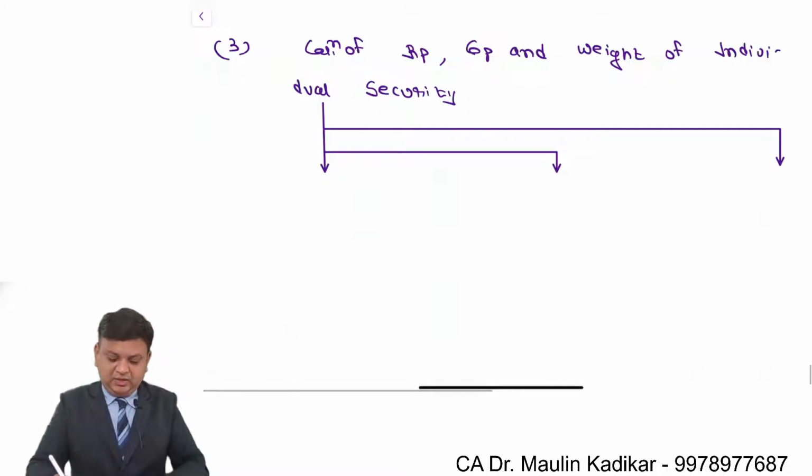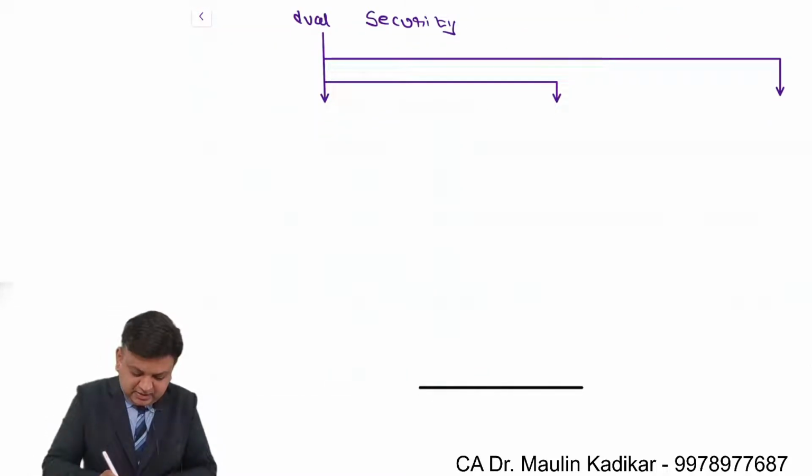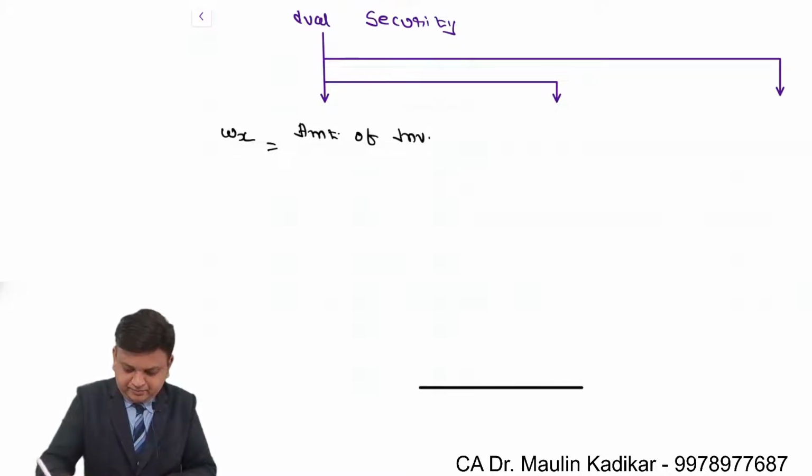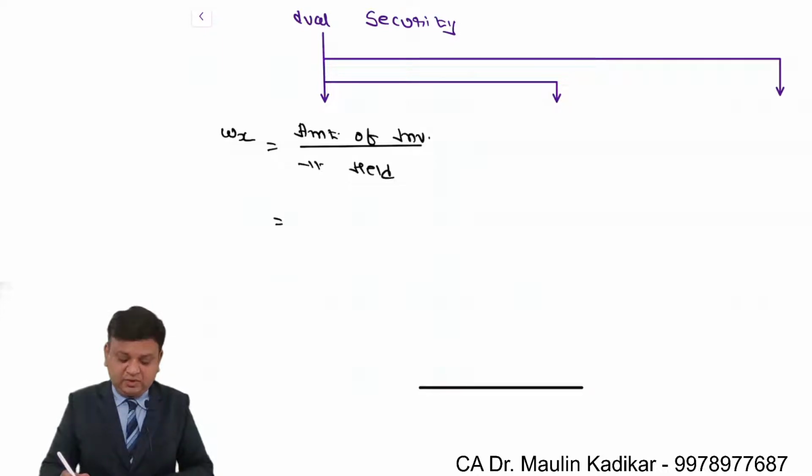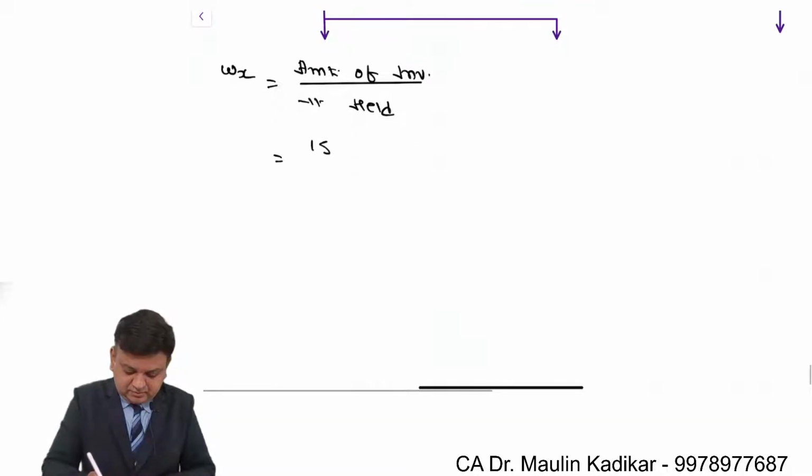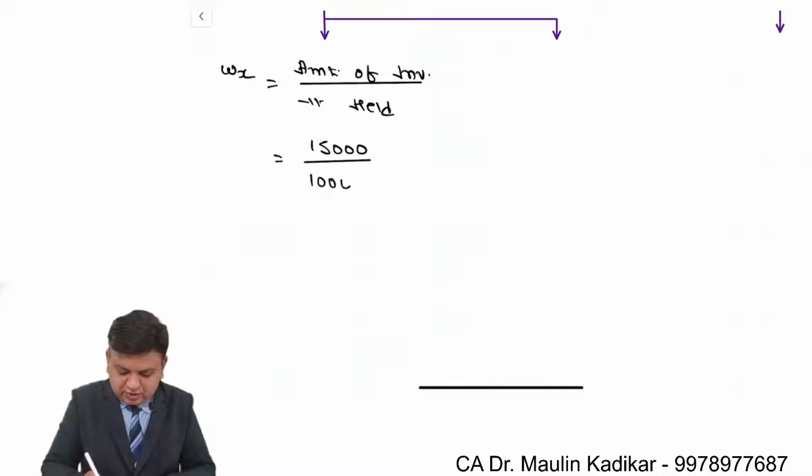Now friends, weight of X will be calculated as amount of investment divided by amount held. What is the amount of investment? 15,000, and amount held was 10,000. So dear students, its weight will be 1.50.